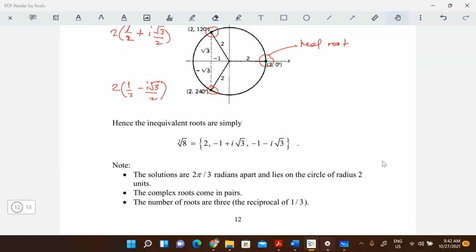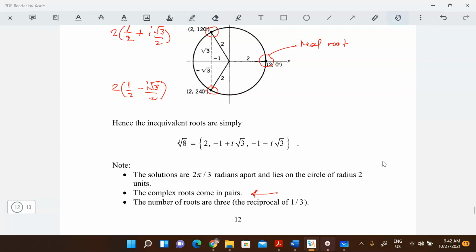So for the cube, n is odd, so you have one real root and then one single complex pair. The complex roots always come in pairs.